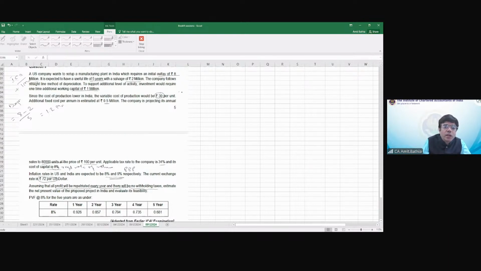So what are the things to be done? First of all, I will prepare the profitability statement. For what purpose? I want to find CFAT. Then second, once I have found CFAT, remember every year I am going to do the repatriation. For every year's repatriation, I will need to calculate the forex rate. So the second part is calculating forex rates. Third part is repatriation based on these forex rates.